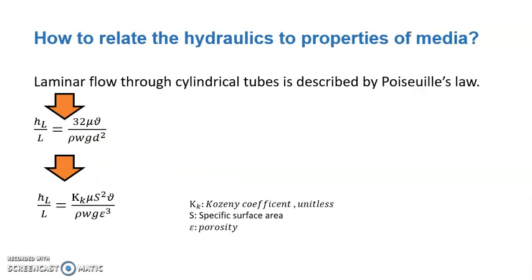So the question is, how can we relate the hydraulics to the properties of the media? We can use this equation. This equation is for the laminar flow through the cylindrical tube, which is the head loss divided by depth of the filter, and it has a relation with the density of water, equivalent diameter of the grain, dynamic viscosity of water.